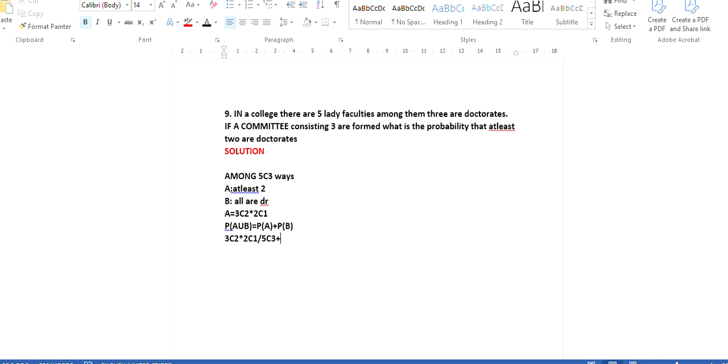Then plus the all-doctorate case, 3C3 divided by 5C3.